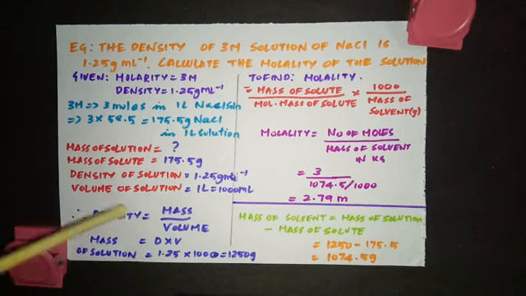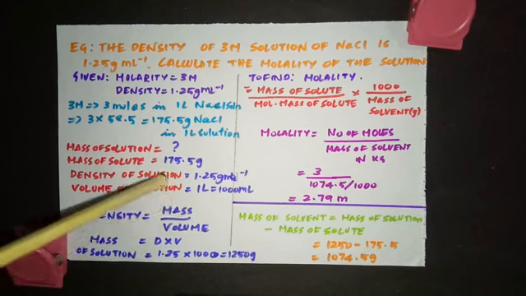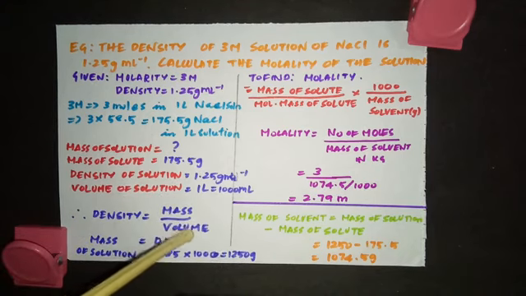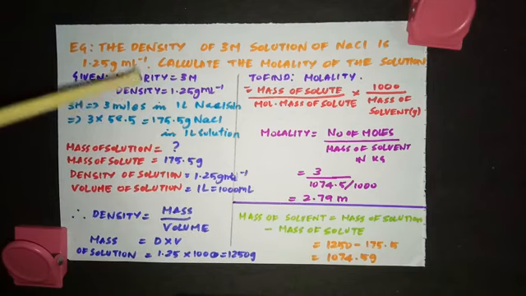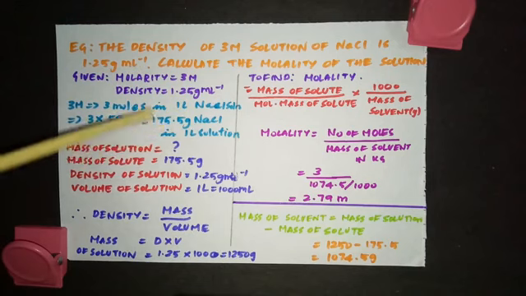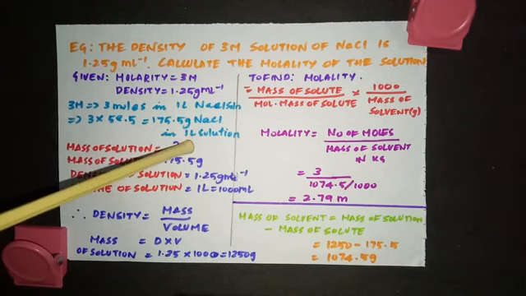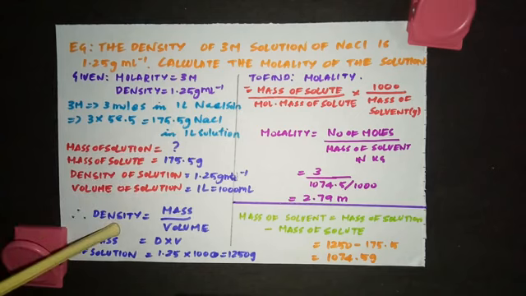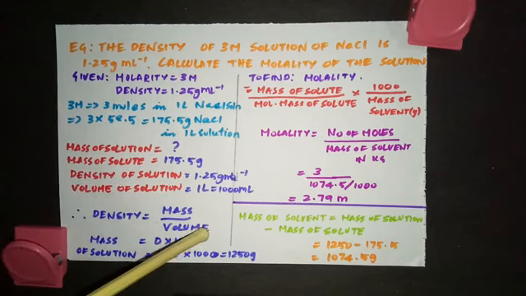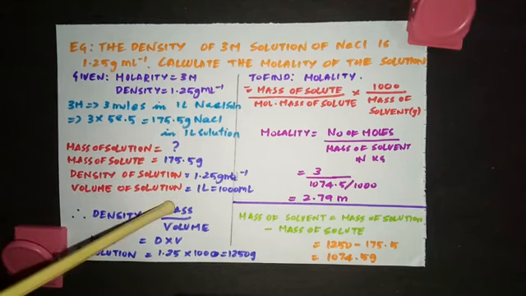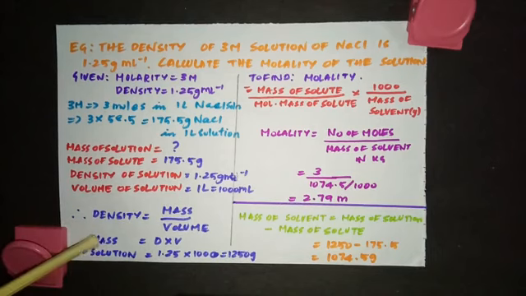So density of the solution is equal to mass of the solution by volume of the solution. So from here, I can get the mass of the solution, and the volume of the solution is nothing but 1 liter, that would be equal to 1000 ml. So density is given and I know the volume of the solution. Can I calculate the mass of the solution? Yes. Mass of the solution is equal to density into volume.